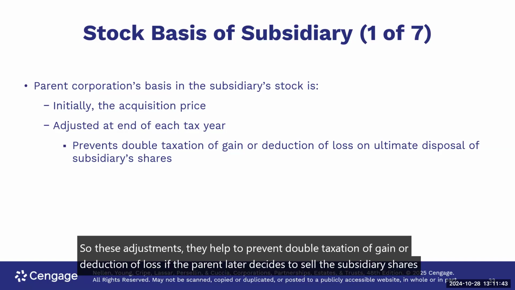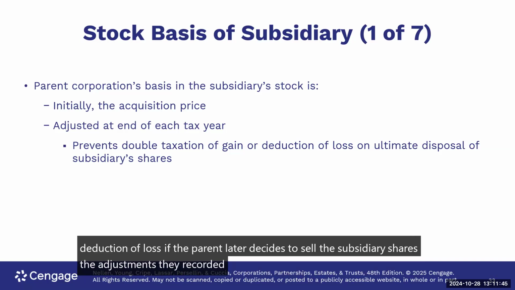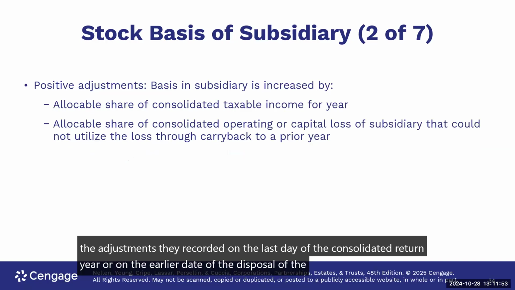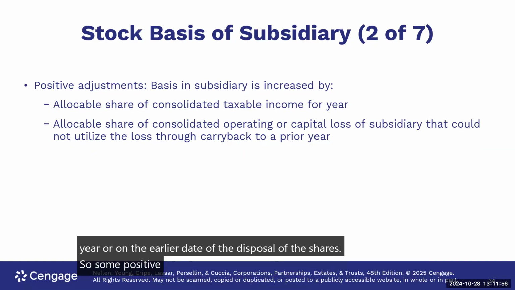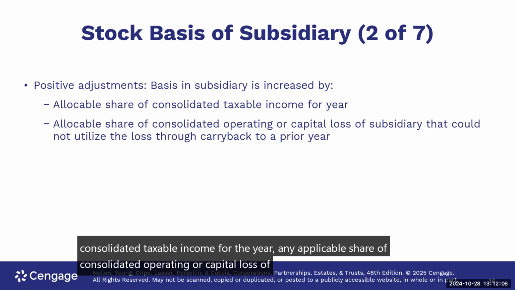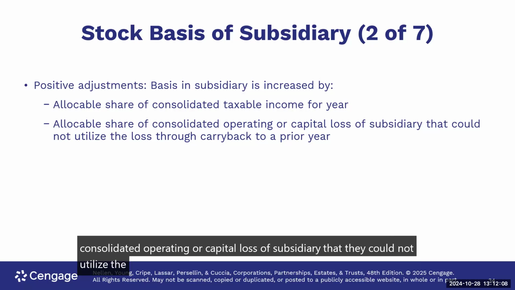The adjustments are recorded on the last day of the consolidated return year or on the earlier date of the disposal of the shares. Some positive adjustments to the basis include the allocable share of consolidated taxable income for the year, and any allocable share of consolidated operating or capital loss of the subsidiary that they could not utilize through the carryback to a prior period.